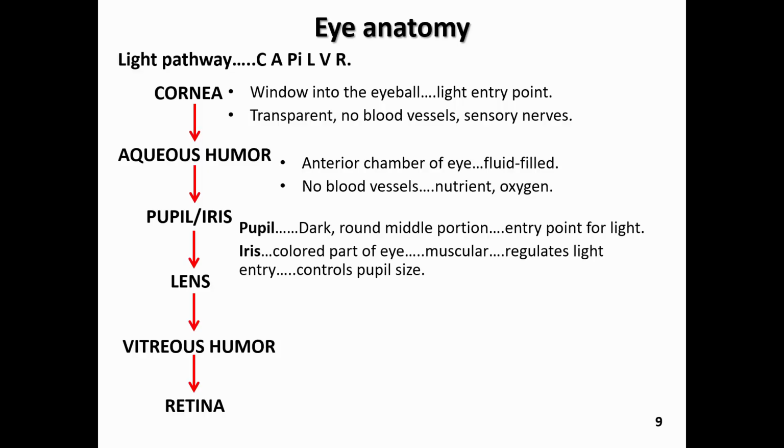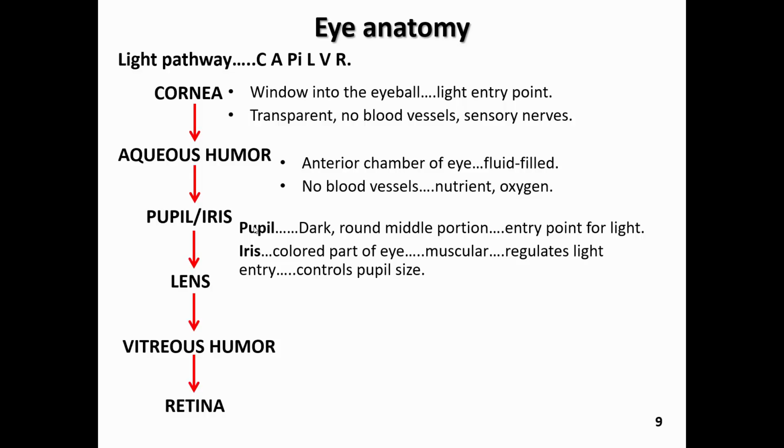The iris, which surrounds the pupil, is the colored part of the eye. So somebody has blue eyes, brown eyes, green eyes. That's the iris that gives rise to those particular colors. The iris is muscular, and being a muscular component that surrounds the pupil, it has the ability to regulate the light entry through the pupil.